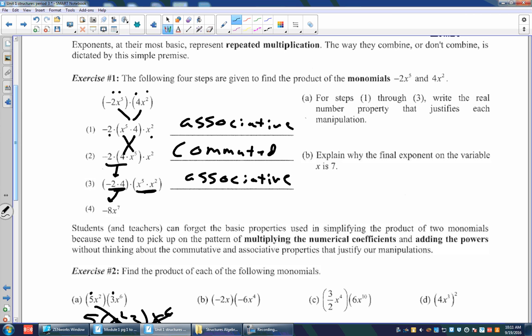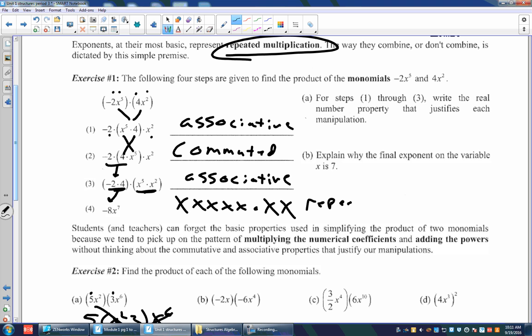The reason it is a 7 is x to the 5th, 1, 2, 3, 4, 5, times x squared. It says right here, it's repeated multiplication. So repeated multiplication is just x to the 7th.